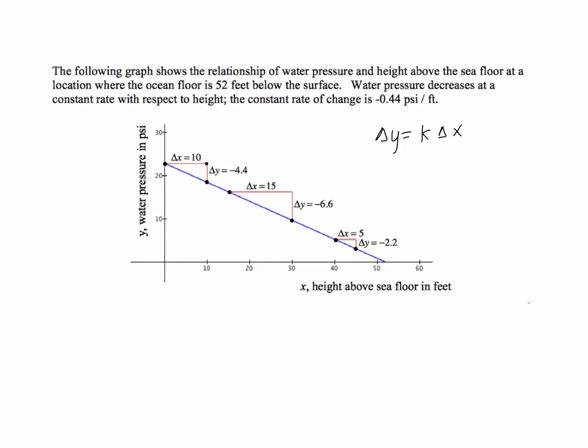So let's see. If I were to look at the change in y in the first part, so right here, okay? The change in y was negative 4.4, and so we're hoping it equals k times delta x, right? So then if I were to solve for k, I get this.